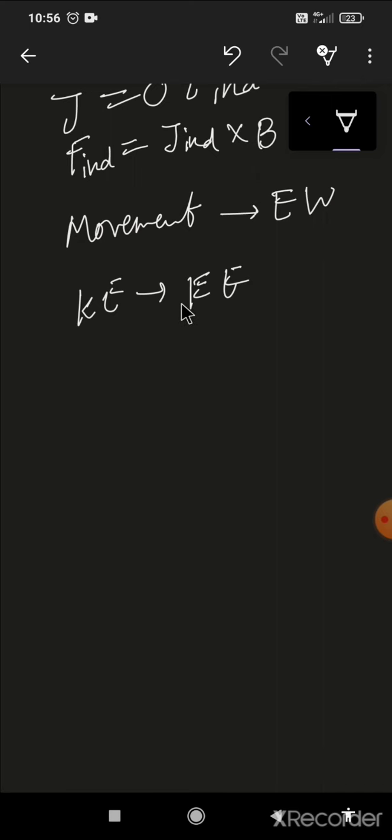If the flow direction is at right angles to the magnetic field direction, an EMF is induced in the direction at right angles to both flow and field directions.